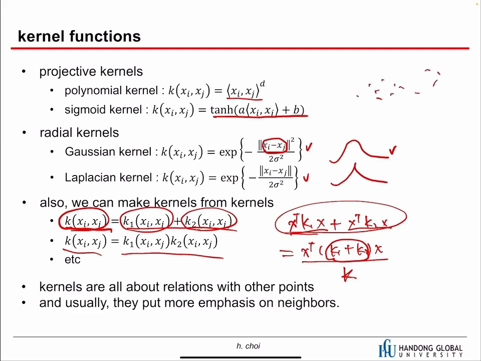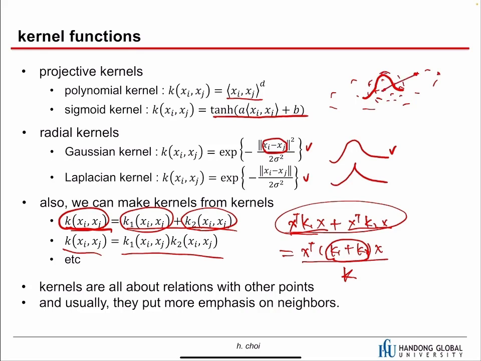Think about this one. Data points are like this, and then the kernel looks like this in two-dimensional space. This point will have some impact on these points. But look at this point: the impact of this point on this point is almost zero, as much as this one.